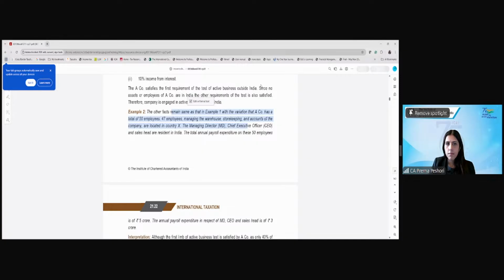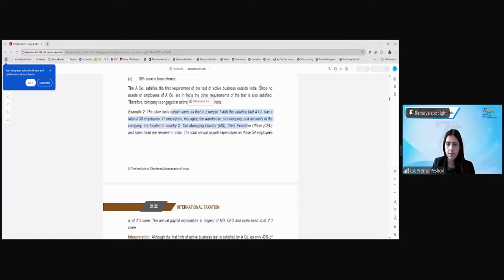Ma'am, on the employee test, only 47% are outside India. On the payroll test, if you put 3 divided by 5, it comes to more than 50%. Is it outside India or within India? In India, ma'am, because 3 crore is paid to the MD and CEO.